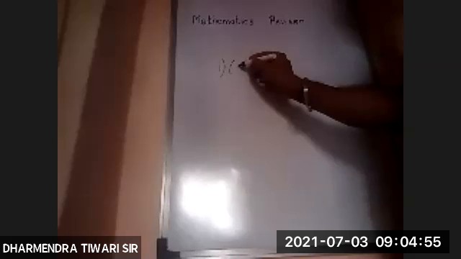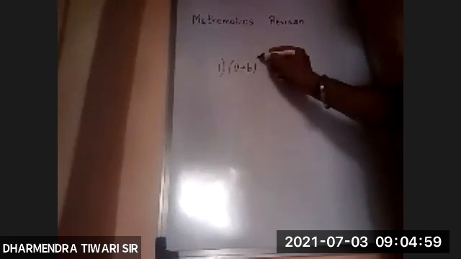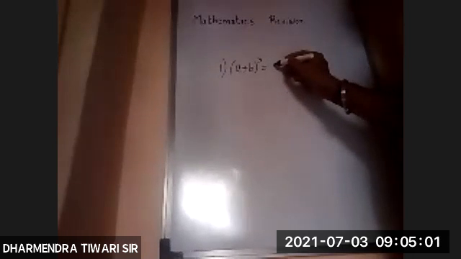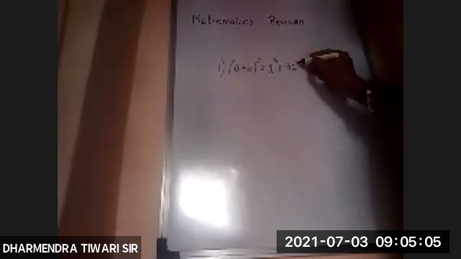First, a plus b the whole cube. This is a cube plus 3a square b plus 3ab square plus b cube.